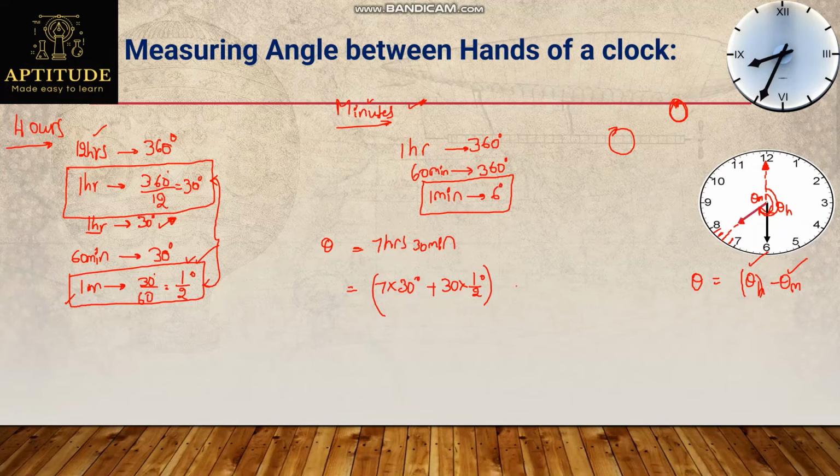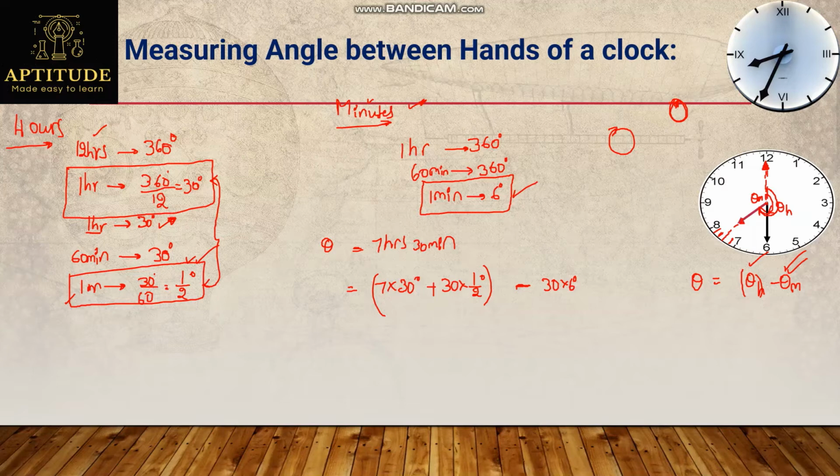Now I need to subtract theta m, the angle covered by the minutes hand. How many minutes has the minutes hand rotated starting from the reference line? It covered 30 minutes only. So 30 minutes means 30 into 6, because for 1 minute it covers 6 degrees.